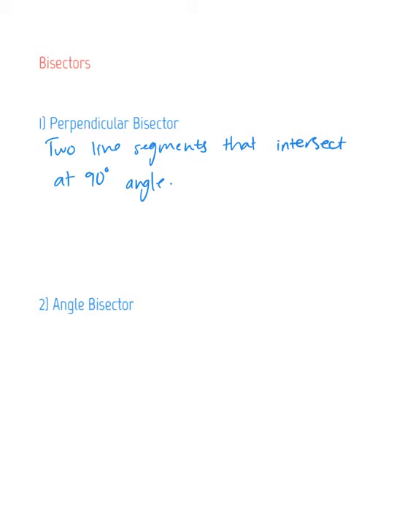So, for example, this over here, that's perpendicular. So let's say this was my line A. My line B is a perpendicular bisector to line A, just intersecting at 90 degrees.